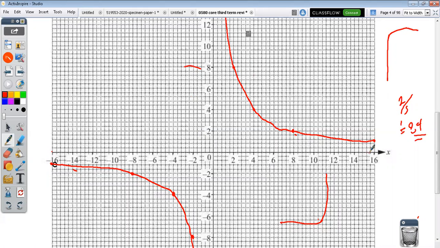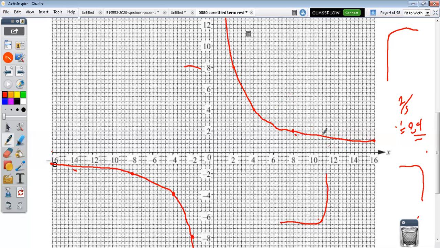If we turn 90 degrees, what happens to this part here? 90 degrees. Look, concentrate here, 90 degrees. This part comes like this. It becomes like this. Are we agreeing here?